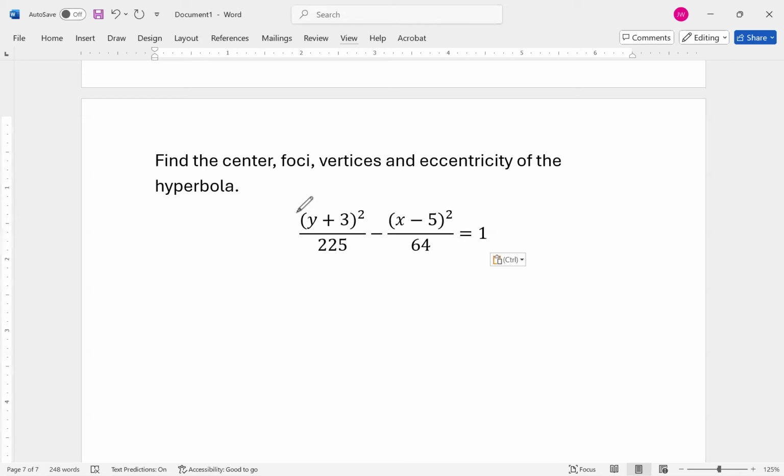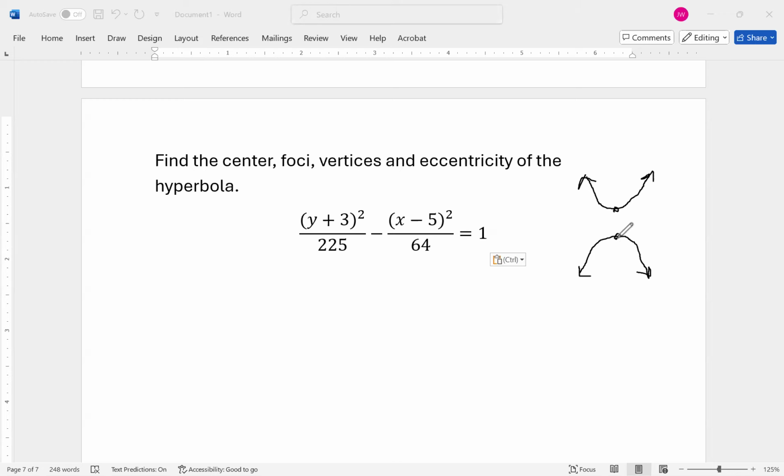Now, by the way, I say the positive term is the one with the y, the negative term is the one with the x. Therefore, when we're graphing this, the hyperbola is going to be pointing up and down. That means that the transverse axis is going to go from vertex to vertex.